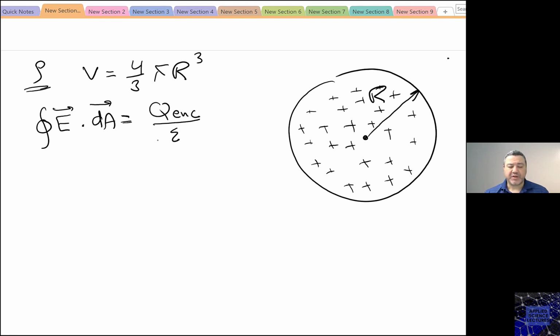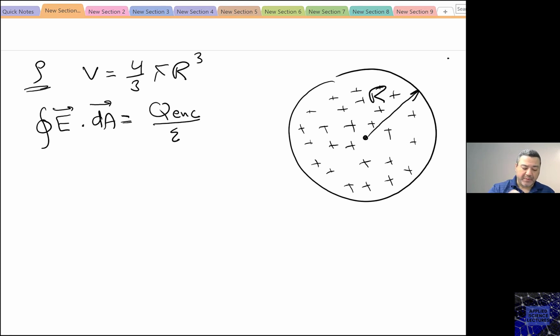I will say epsilon now because this is the general case. It could be an insulator that has a dielectric constant, not necessarily free space. So leave it as an epsilon. Now, the thing that we have to pay attention to here is the Q enclosed.